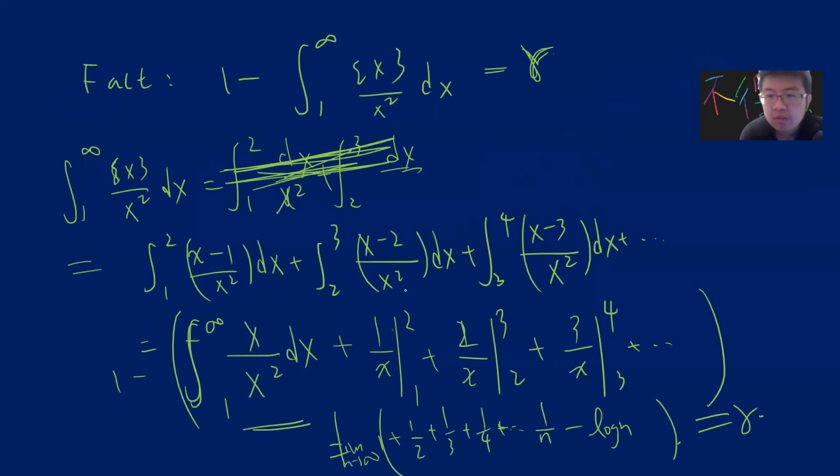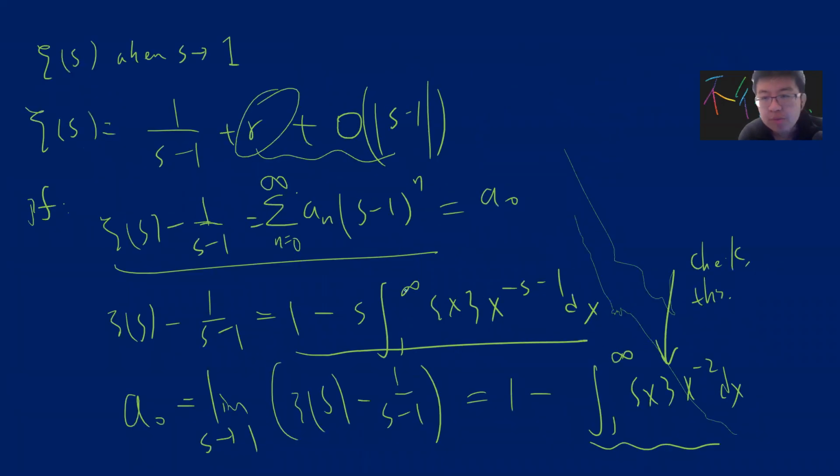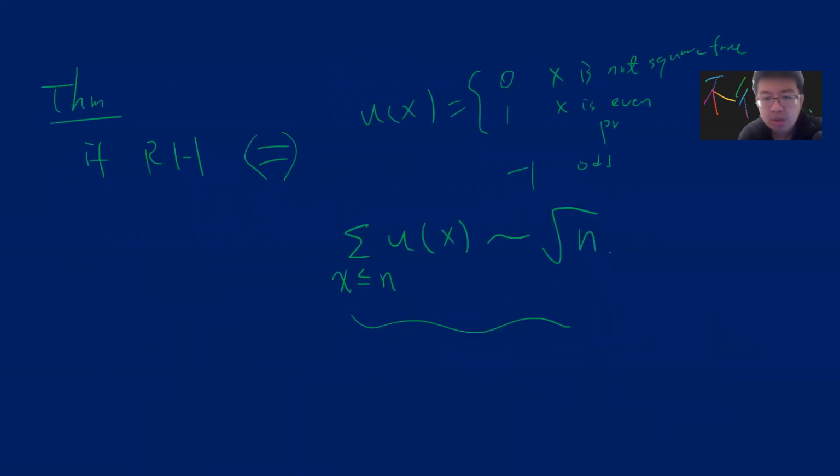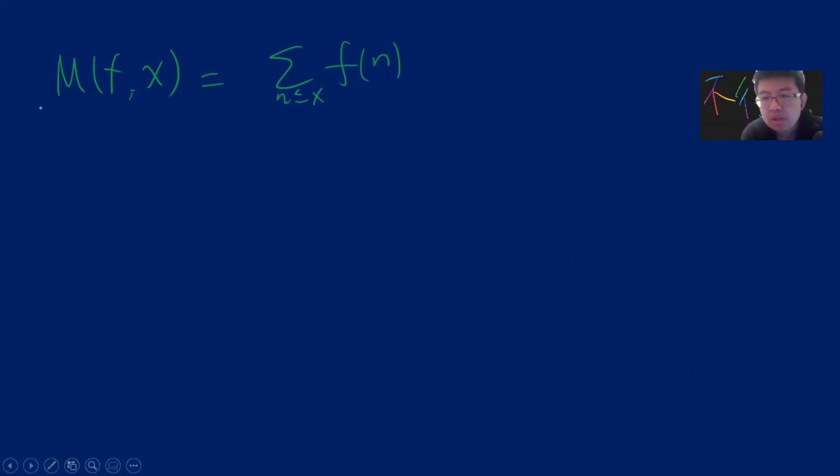The technique we need is to use my previous theorem about the Dirichlet series and the Mellin transformation. Let me just quickly remind you. In analytic number theory, people like to define this kind of function. Given an arithmetic function, you can define the summatory one, M_f(x). In the previous video, one can also define a Dirichlet series.